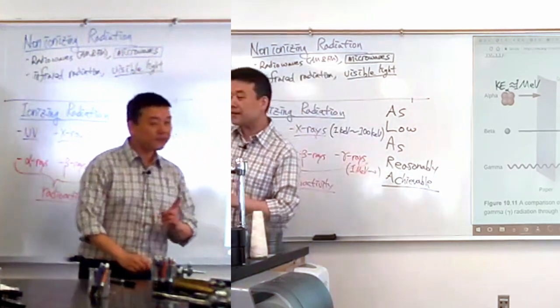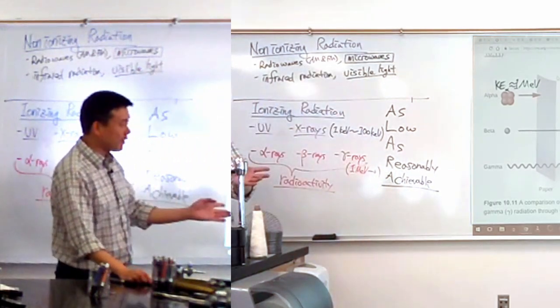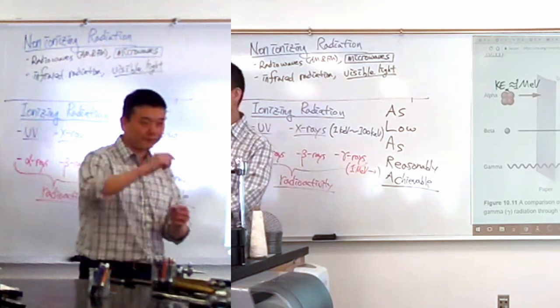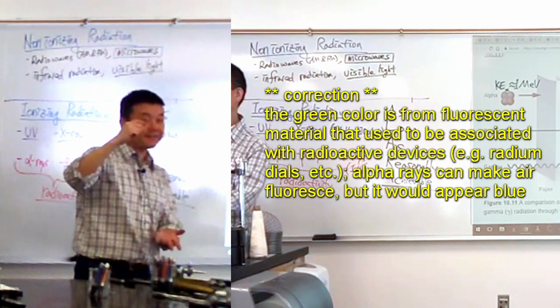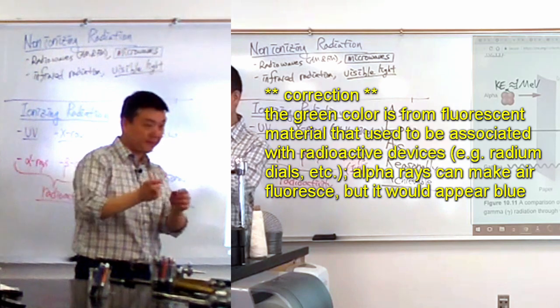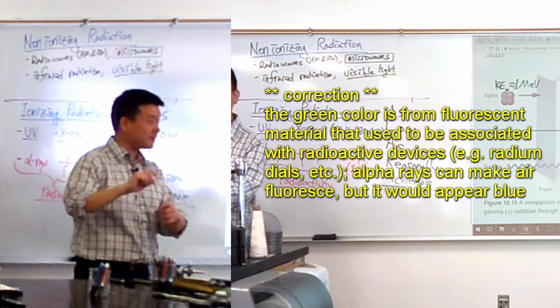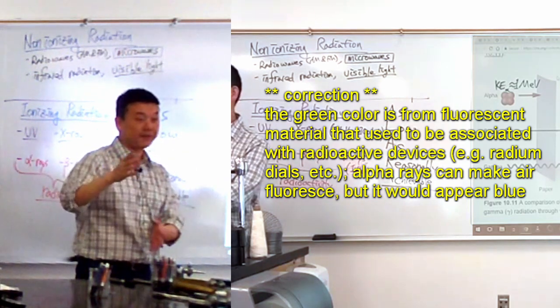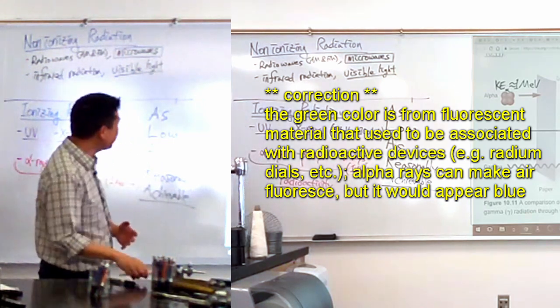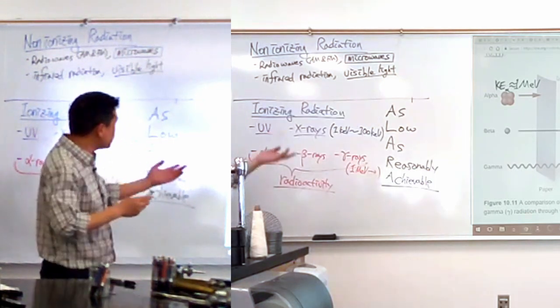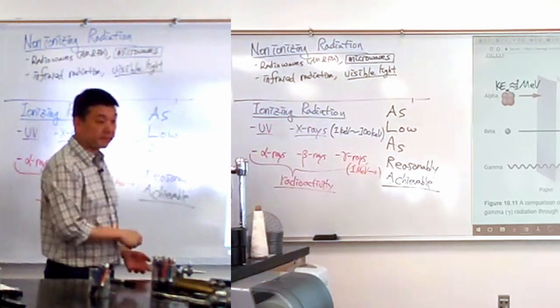In fact, do you remember, in cartoons, when you see a radioactive rod glowing in a green hue? That's all the alpha rays emanating from it, ionizing the air and making the air fluoresce. That's why they glow green. That radioactive green is coming from this. And it's easy to shield against.